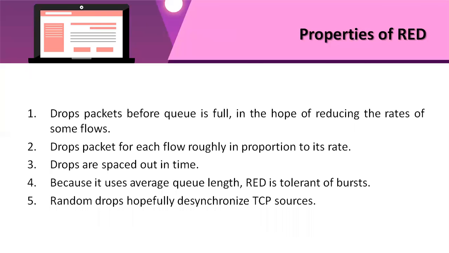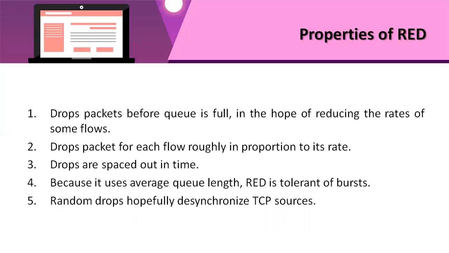The drops are spaced out in time, because RED uses the average queue length, that is, the mean value of queue length.